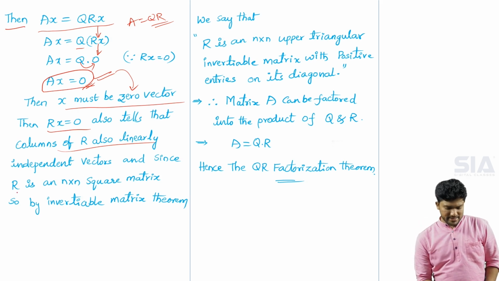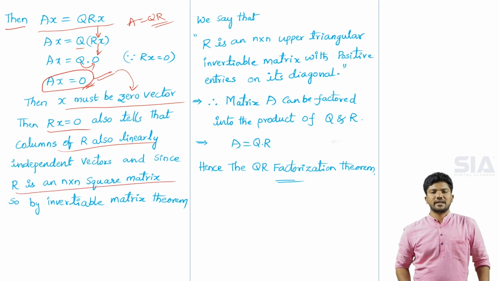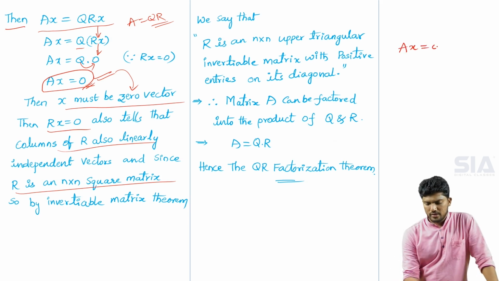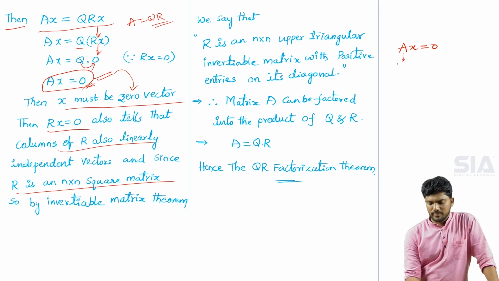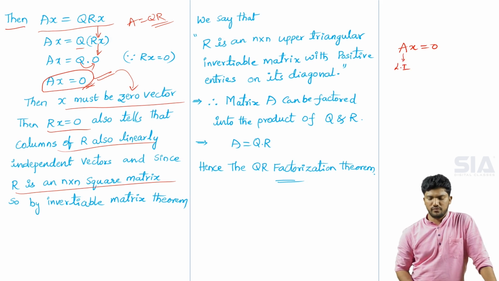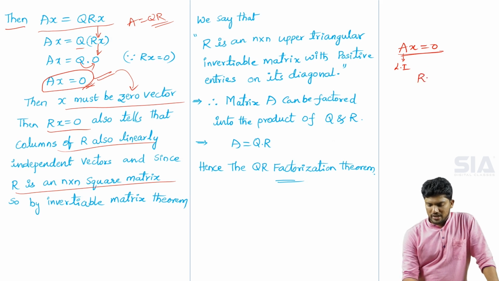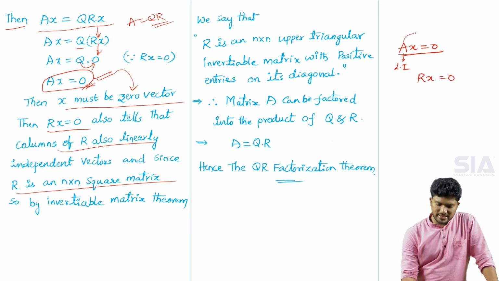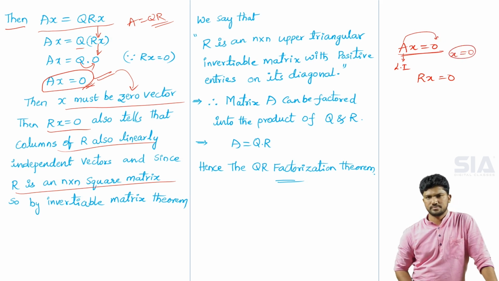And since capital R is a square matrix, ఇక్కడ ఒక చిన్న లాజిక్ అబ్జర్వ్ చేయండి. We have Ax equal to 0. And since we have columns of capital A are linearly independent, when you get Ax is equal to 0, here we have also another condition, Rx is equal to 0. Whenever you get Ax is equal to 0, then x equal to 0, then we can say that.